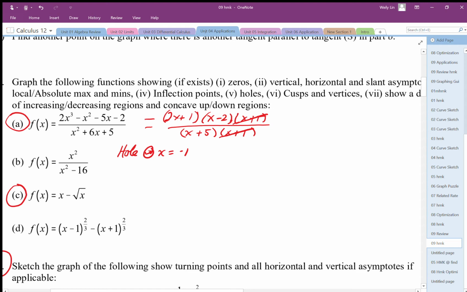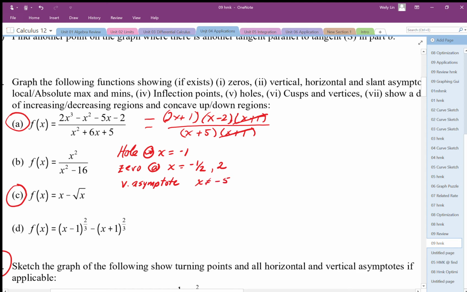There's a zero at x equals -1/2, and there's also a zero at x equals 2. And then lastly, we want to do the vertical asymptote. Okay, the vertical asymptote is going to occur at x equals -5.